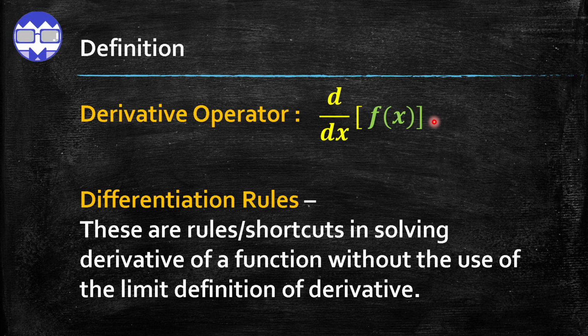Mathematicians have listed many shortcuts throughout the centuries. These are just patterns observed: whenever you solve using the limit definition, it always comes up with these certain patterns or rules.